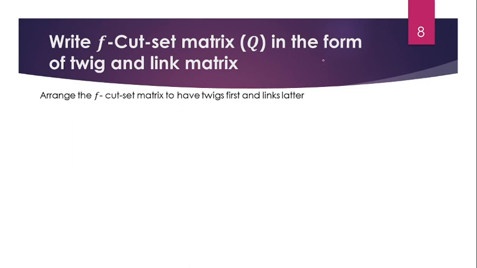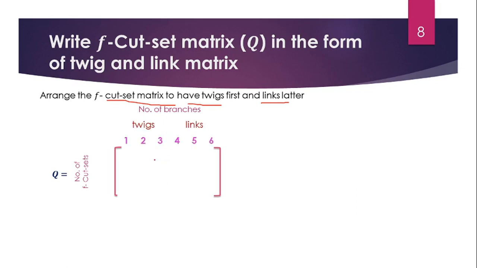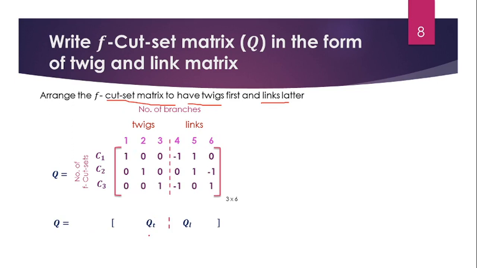So write the F cut set matrix in the form of twig and link matrix. Arrange the F cut set matrix to have twigs first and links later. As it is already in the same order, there is no need to rearrange. So 1, 2, 3 are twigs, 4, 5, 6 are links. So we are getting the same matrix. Here the twig matrix is always the unity matrix.